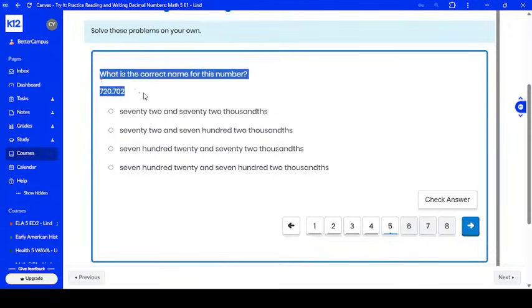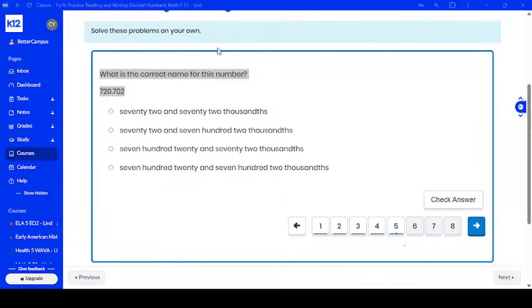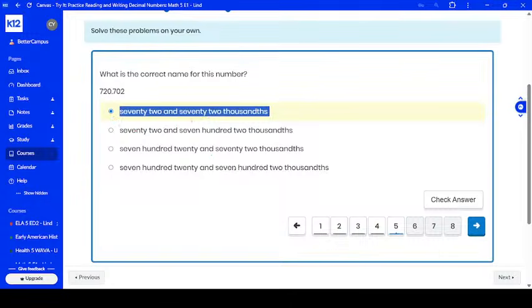What is the correct name for this number? Hold up. Oops.